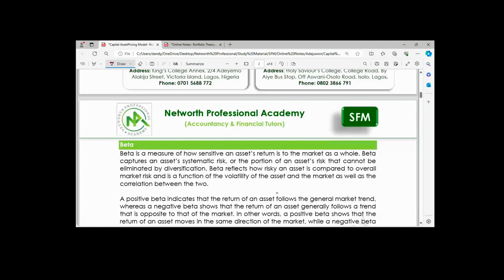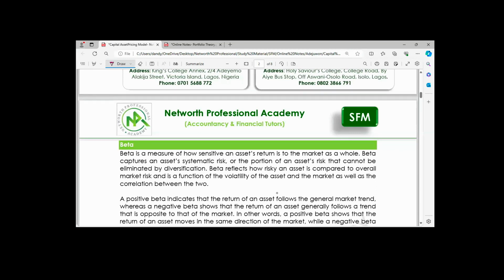All right. Then let's go to estimating beta value. Now, like I told you, beta value is used for measuring risk. It's a measurement of risk, and it measures how sensitive an asset's return is to the market as a whole.